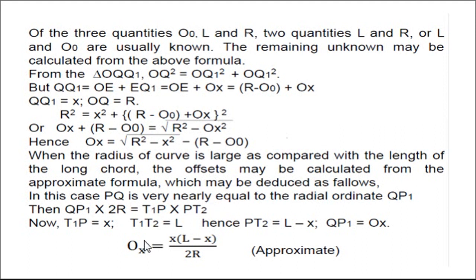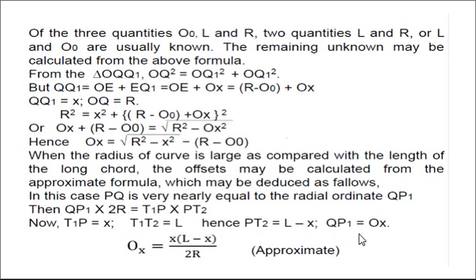Then we can write QP1 into twice R is equal to T1P into PT2, by referring to the previous figure. And finally, T1P is nothing but X, T1T2 is nothing but L, hence PT2 is equal to L minus X, and QP1 is equal to OX.